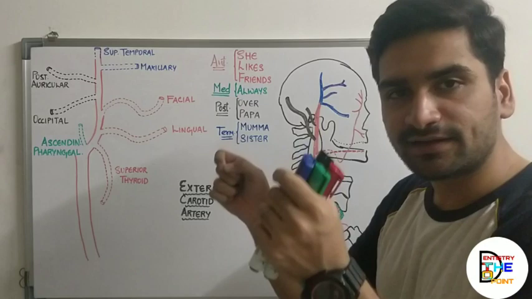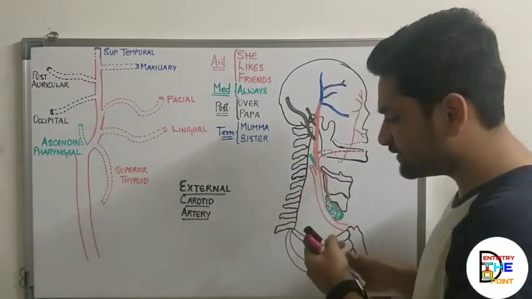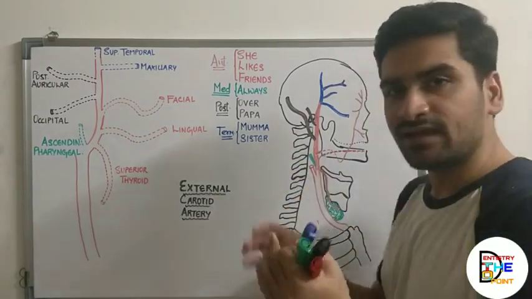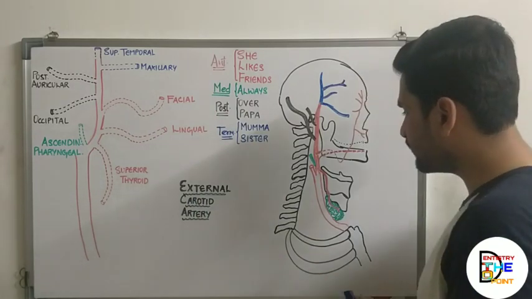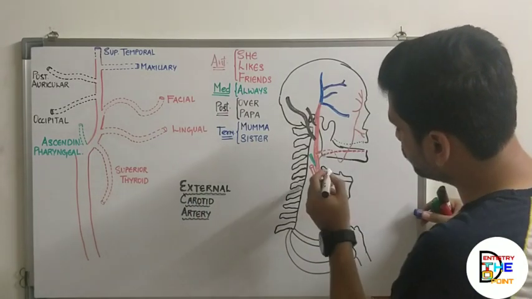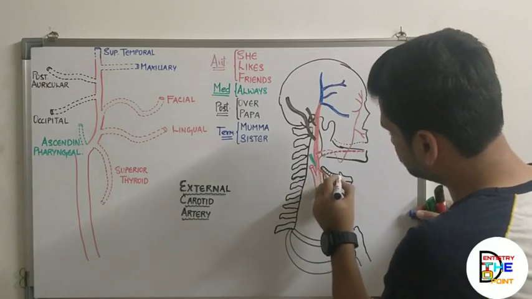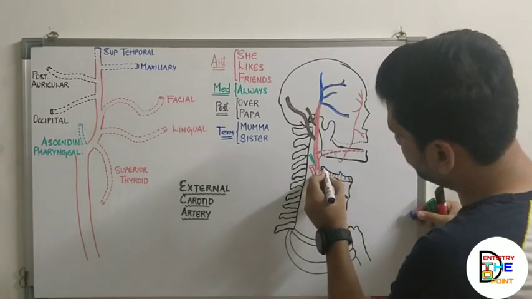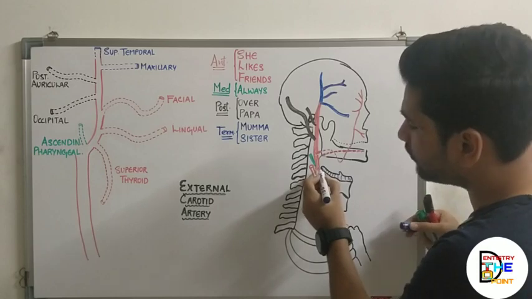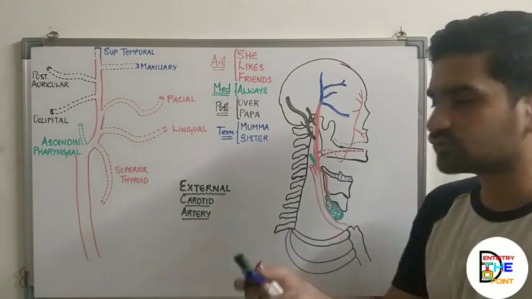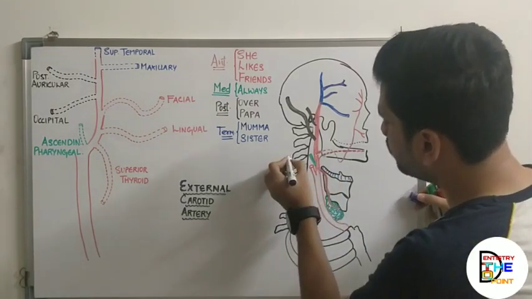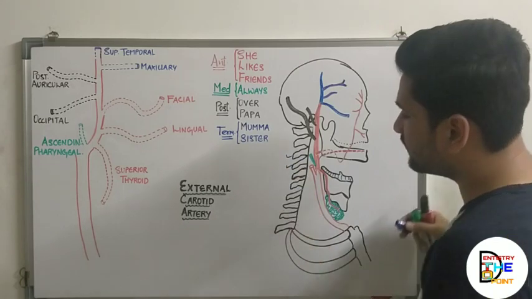Hyoid bone का जो greater cornua रहेगा उसके सामने the external carotid artery will be given from the common carotid artery. See, this is your hyoid bone. ये आपका hyoid bone है. This one I am highlighting over here. So hyoid bone के just सामने the external carotid artery will be given, or you can also say just opposite to the third and fourth cervical vertebrae.